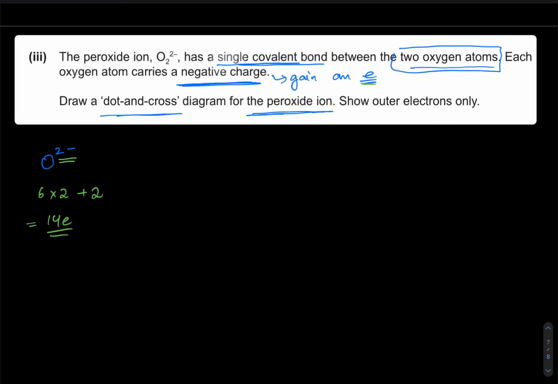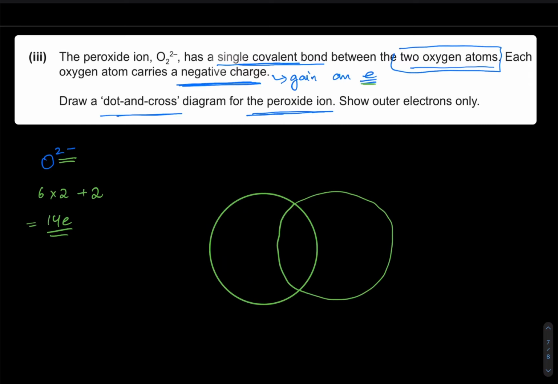Now let's draw 2 oxygen atoms which are making a bond with each other. So this is one oxygen atom and this is another oxygen atom, right? And both the oxygen atoms will be sharing 1 electron each.